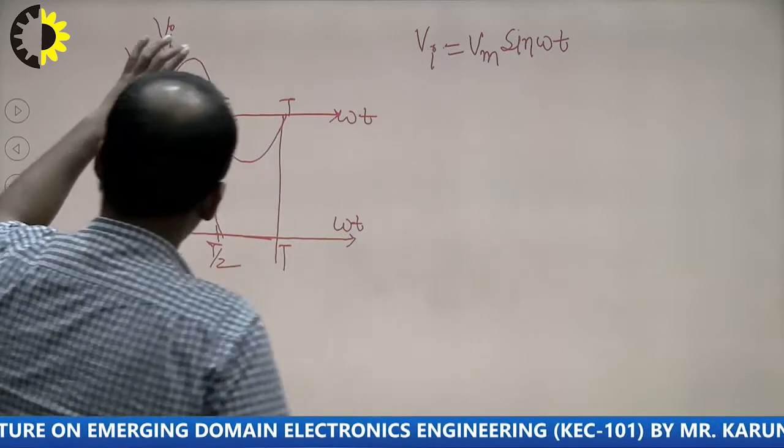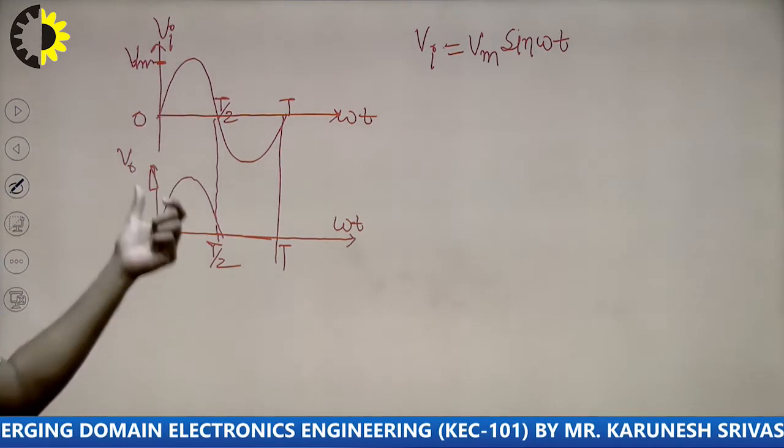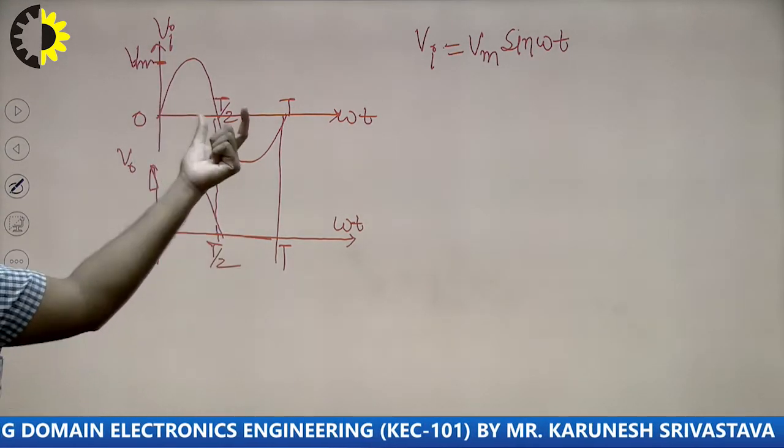I am getting the same input waveform for the positive half cycle. It means for half the time period I am getting the same waveform, but for T by 2 to T I am getting 0 output.